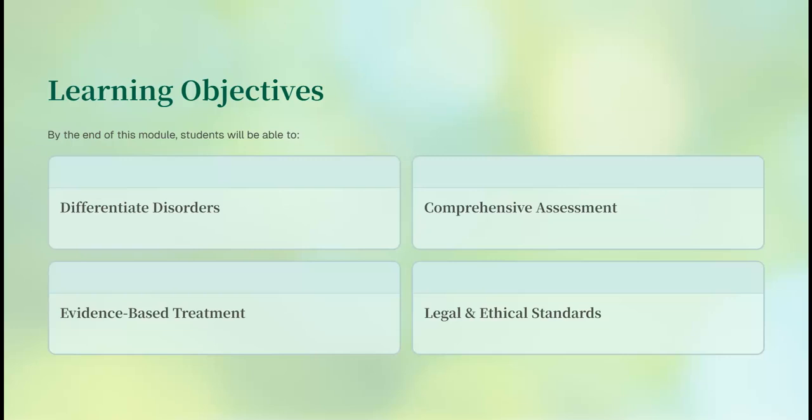You'll develop skills in creating individualized treatment plans and combine both medication and psychosocial intervention tailored to each patient's needs. And we're going to cover the critical legal and ethical issues that you may encounter, including voluntary commitment decisions, capacity assessments, and your duty to warn in dangerous situations.